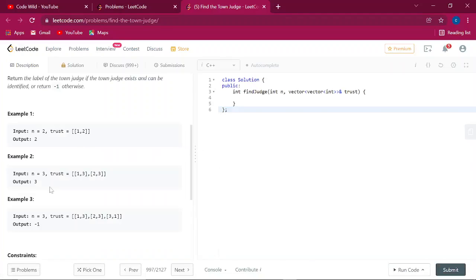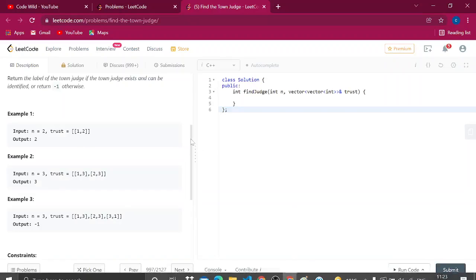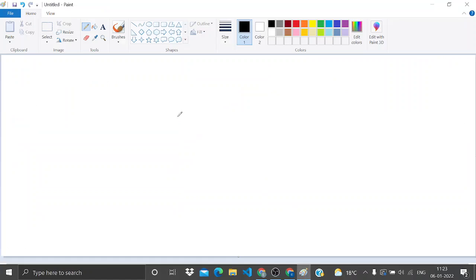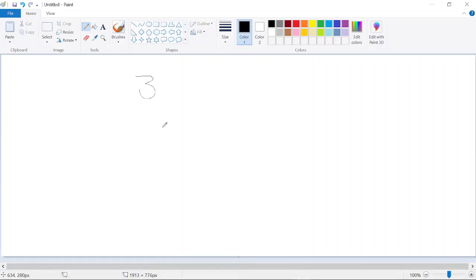Let's take the second example. It says 3, then 1 3 and 2 3, so there are three people. First let's recap the condition once again. For the town judge: the town judge trusts none, that is trust equal to 0.